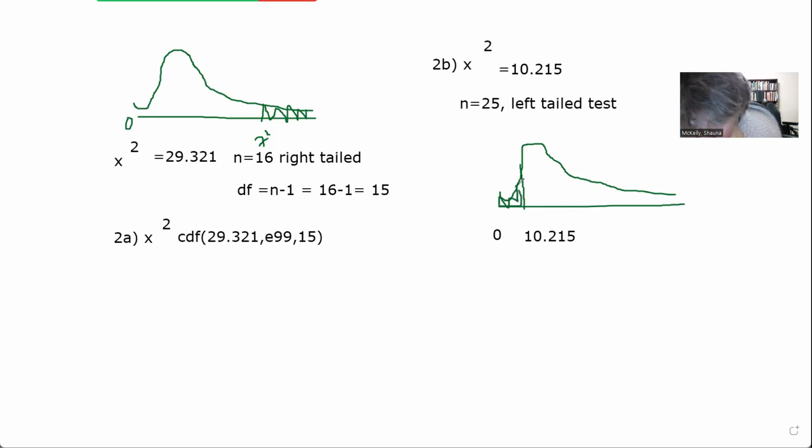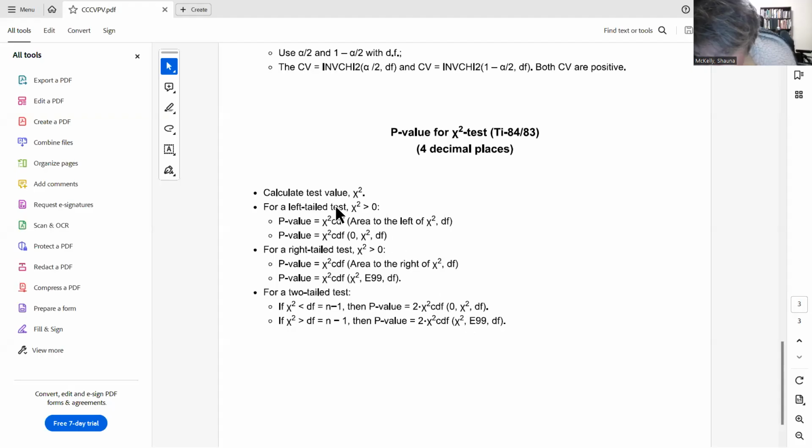Okay. So this time we're not going to infinity. This is 0 to this number, 10.215. Let me show you on the actual sheet. If you go to the critical value p-value sheet, left tail test is at the top.